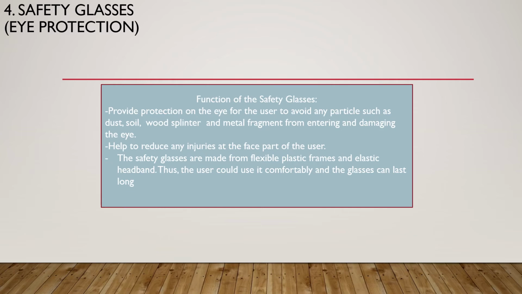So the safety glasses also help to reduce and prevent any injuries at the face part of the user. And finally, the safety glasses are made from flexible plastic frames and elastic headband. This would make the user comfortable and the glasses could last long.